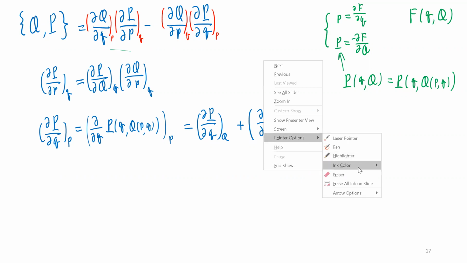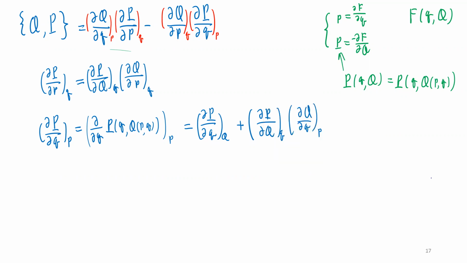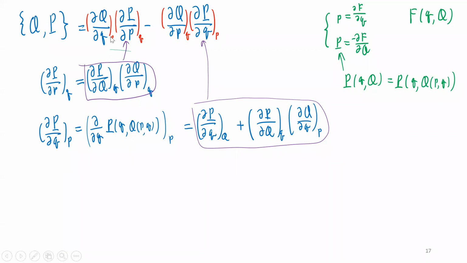So now what I'm going to do next is substitute this whole thing back to here, and then substitute this to here. Then you can see that I have in total 3 terms.